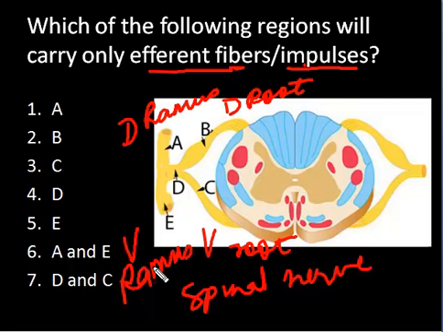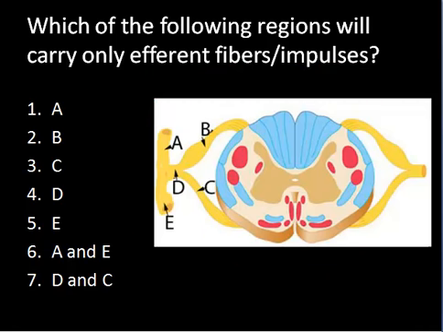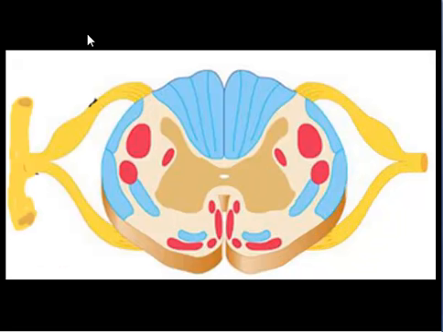Now we have to determine which carries only efferent fibers, and for this I have this diagram here where I'm going to show it to you. So let's see which areas will carry only efferent fibers, and then we'll see also which areas carry only afferent and ones which carry both. So let me first draw.